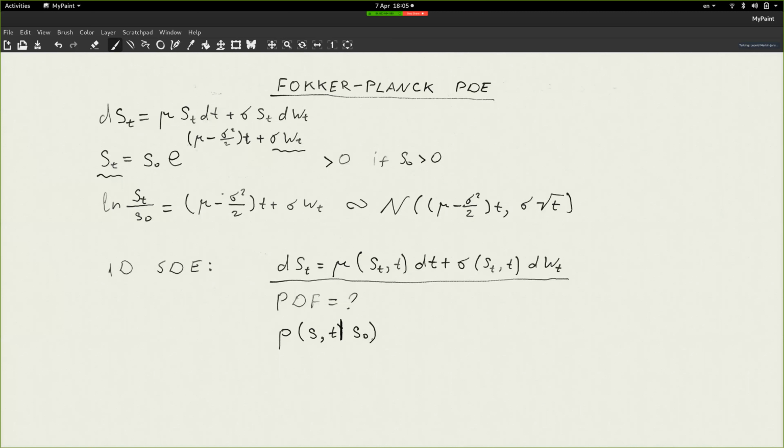So this P of s and t conditioned on S_0 is what? By itself, it's nothing. But we can say that P of s and t conditioned on S_0 times ds has a very well-defined meaning. P times ds is the probability of our random variable S_t at time t belonging to the interval from s to s plus ds.